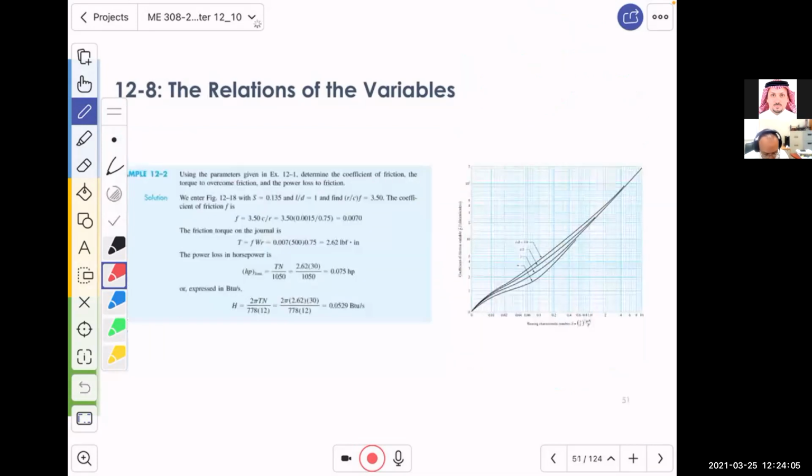Now, if I remember particularly, we stopped around here.